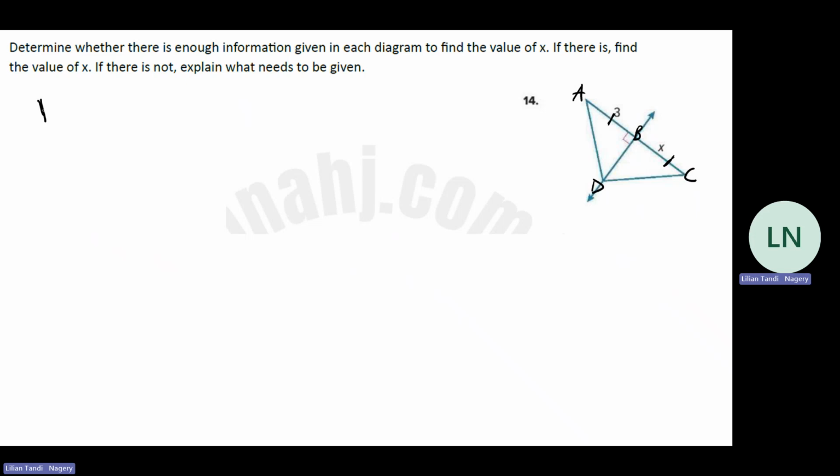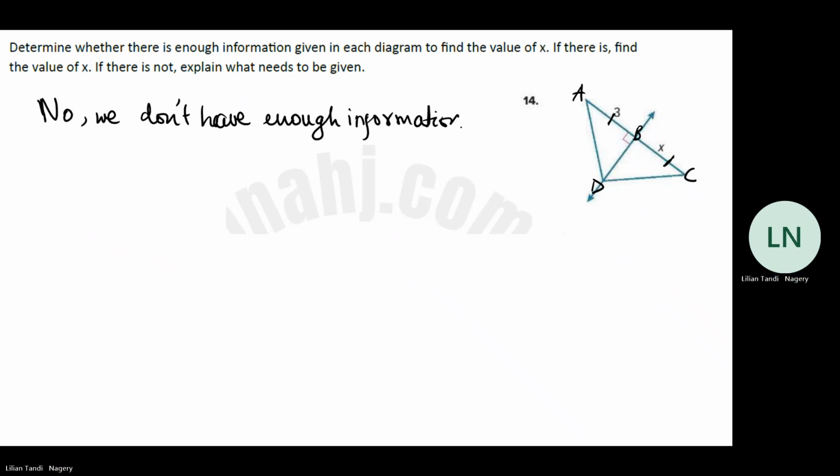Then you say, no, I don't have enough information to find the value of X. If there is, find the value of x. If there is not, explain why.